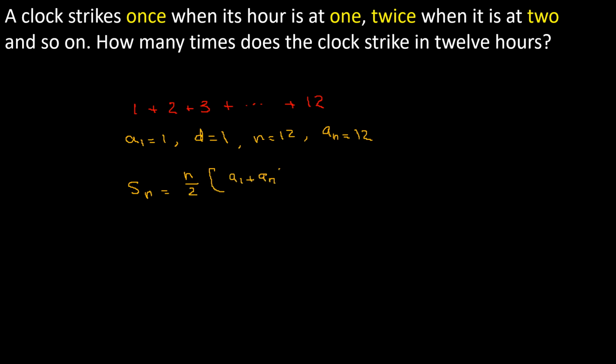So n is 12, that makes 6 into 1 plus 12, which is 13. 13 times 6 is 78. So the clock will strike 78 times in 12 hours.